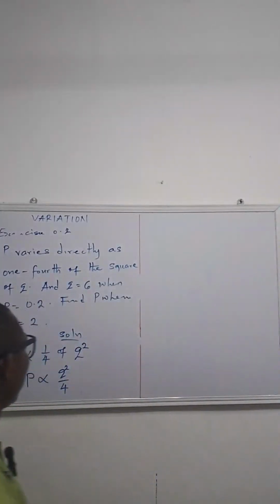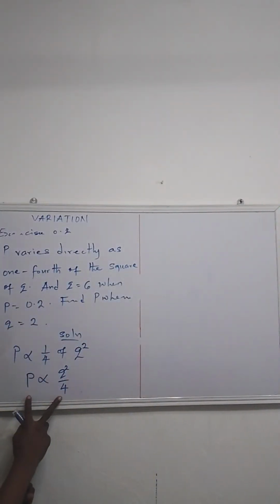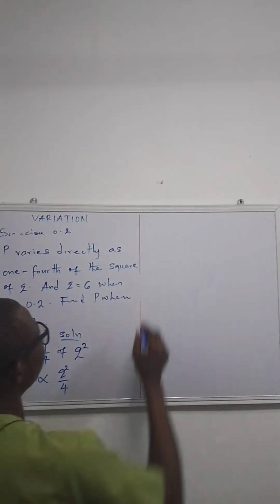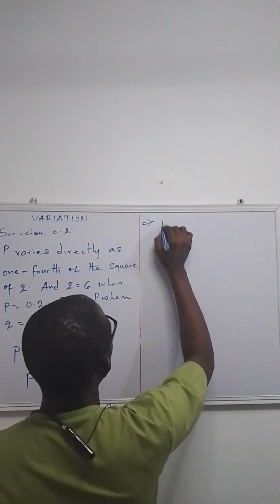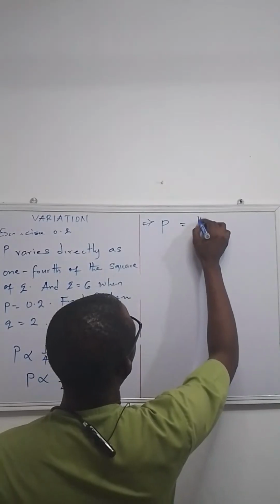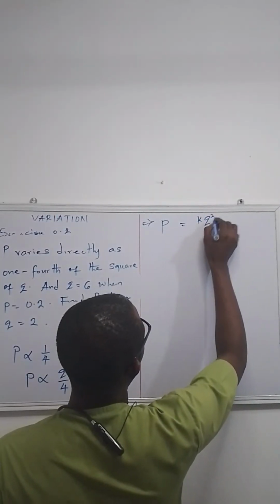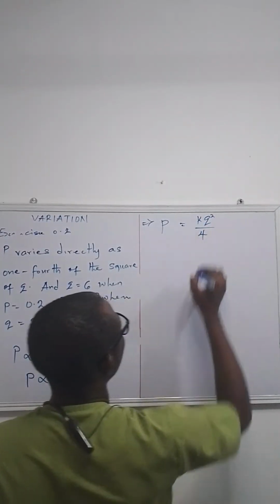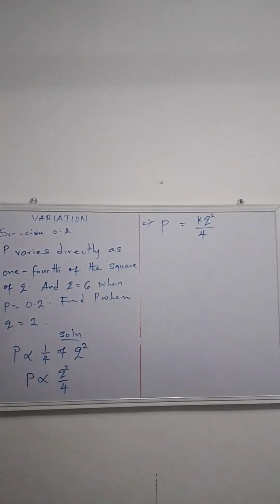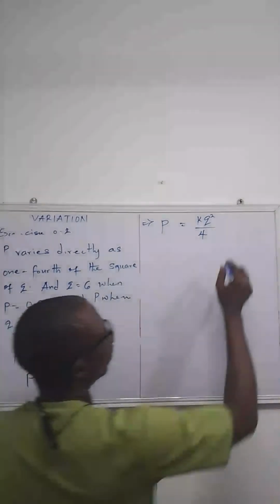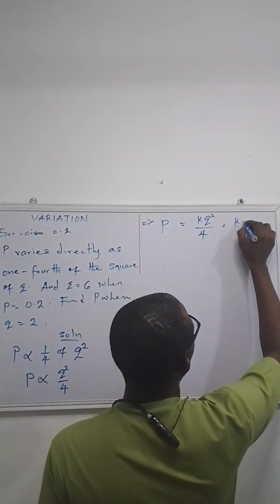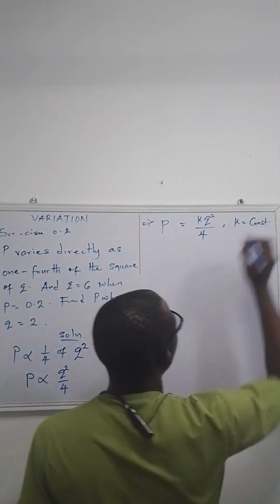All right, now you change this to an equation. So that implies that P equals KQ squared over 4. K is a constant.